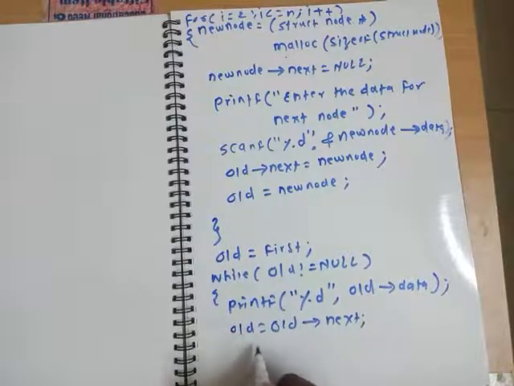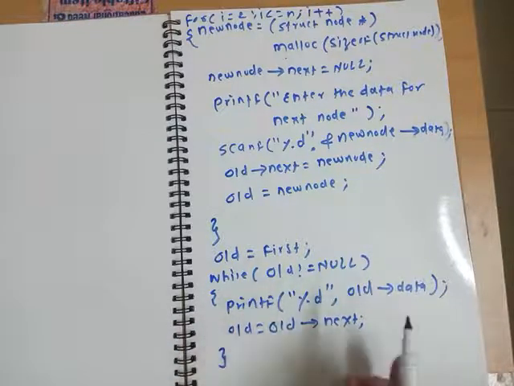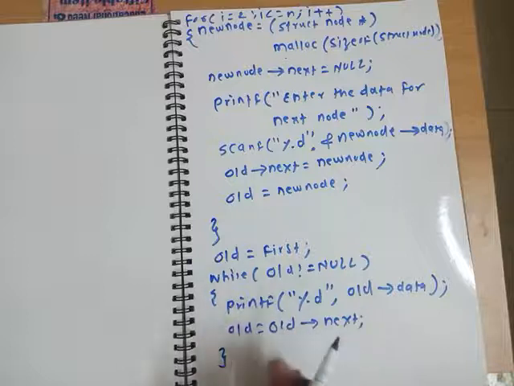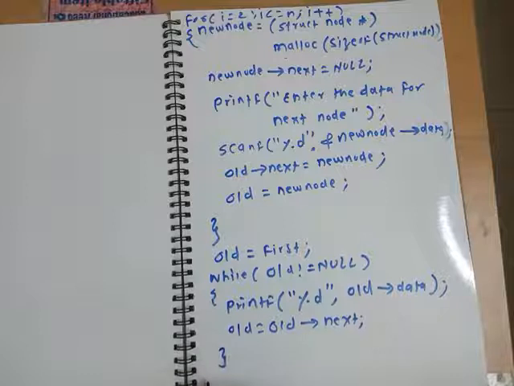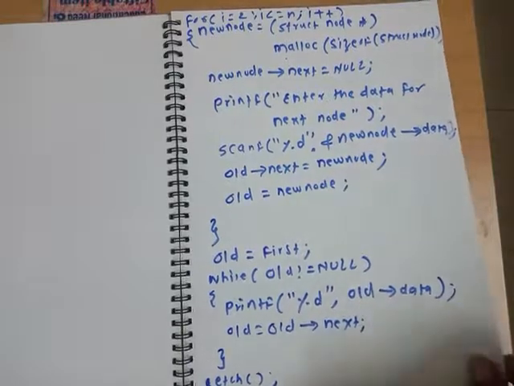And then we'll remain in this loop till old reaches null, right? And then at the end of this we'll have the entire linked list printed. So we'll say getch, and then we'll stop. So this is the simplest possible code to create the linked list.